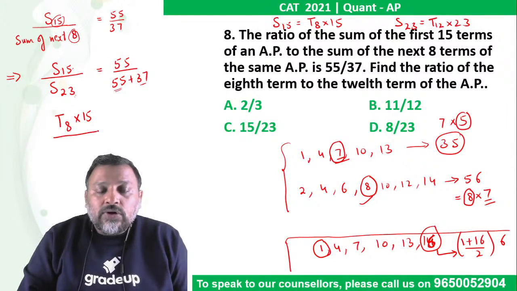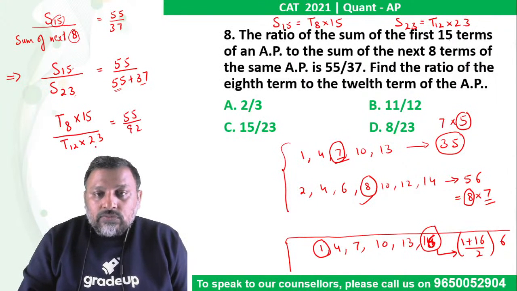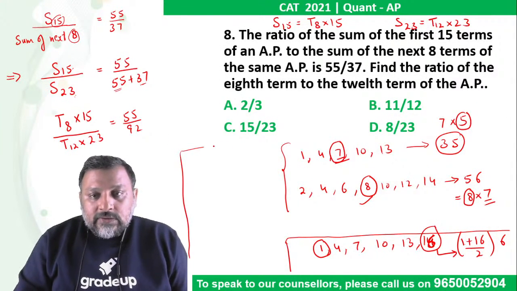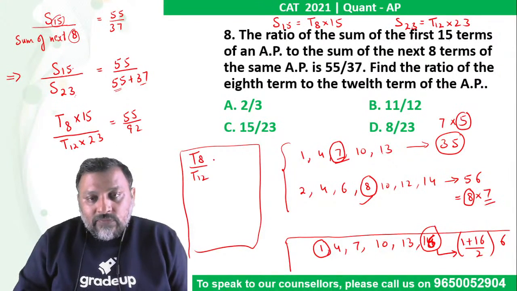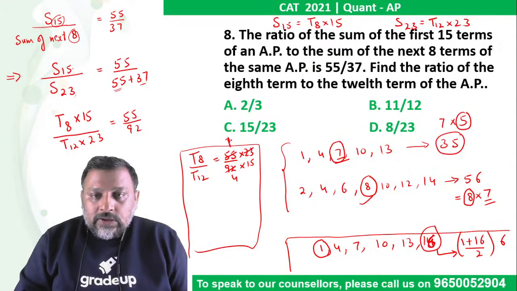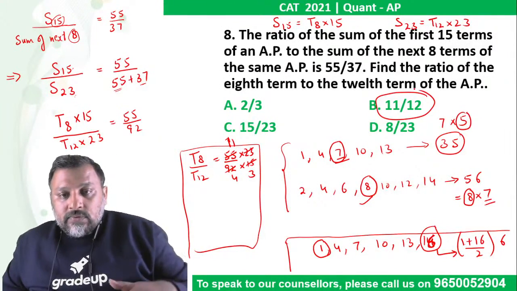So write this and you directly get the answer. So this is equal to 55 by 92. So can we say T8 by T12 can be written as 55 by 92 into 23 by 15. So this is 4 times and this is 11 and this is 3. So the answer is 11 by 12.